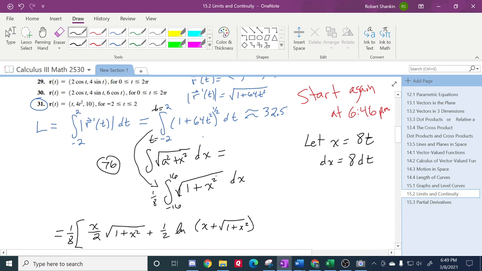And then it says plus a c, but instead of plus a c, we have it from -16 to 16.